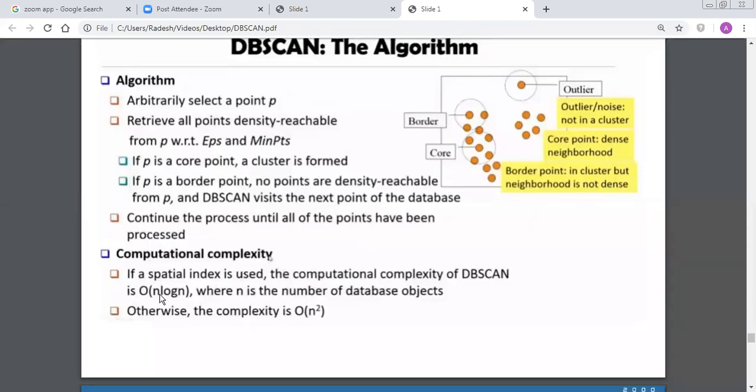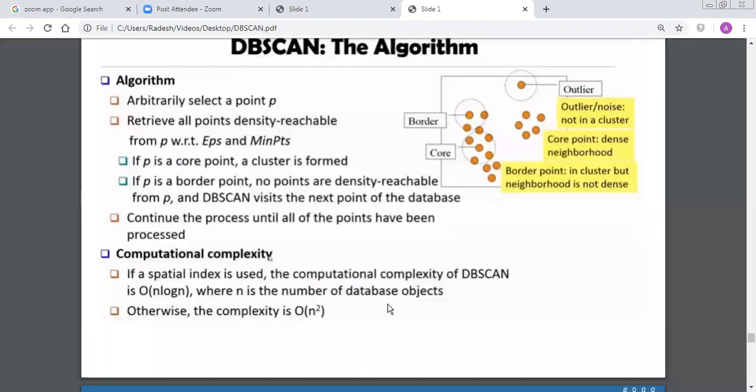And the computational complexity: if a spatial index is used, the computational complexity of DBSCAN is O(n log n), where n is the number of database objects. Otherwise, the complexity is O(n^2). You see here the difference between the computational complexity for this one and this.